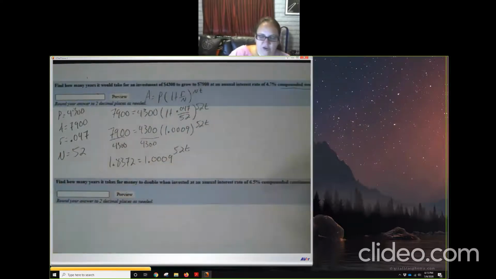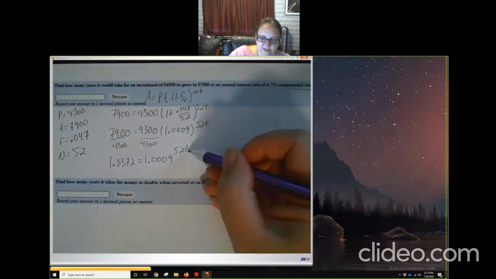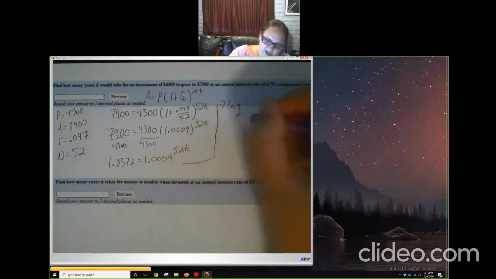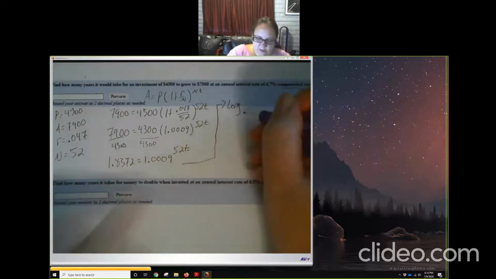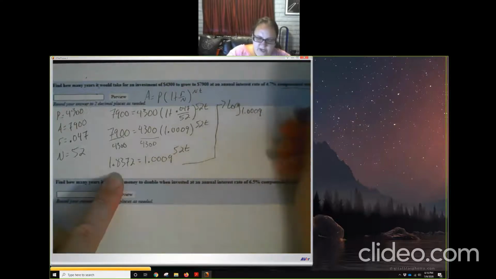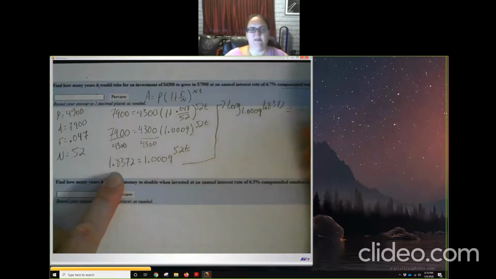And now when your variable is in your exponent, you're going to have to turn this into a log. So this becomes log with base 1.0009 of 1.8372 equals 52t.